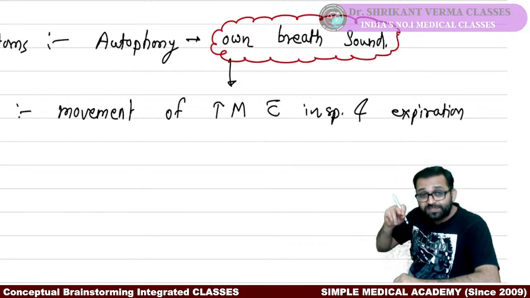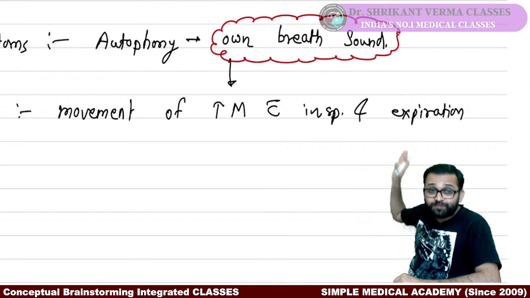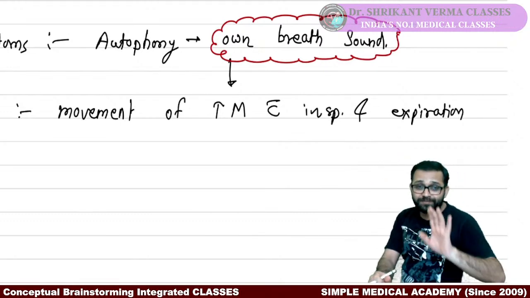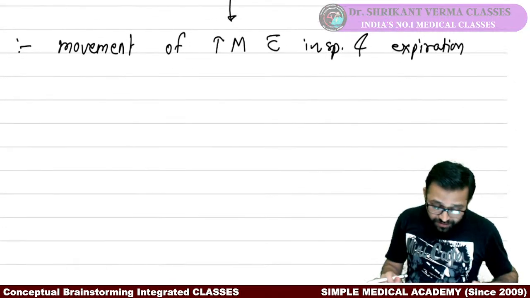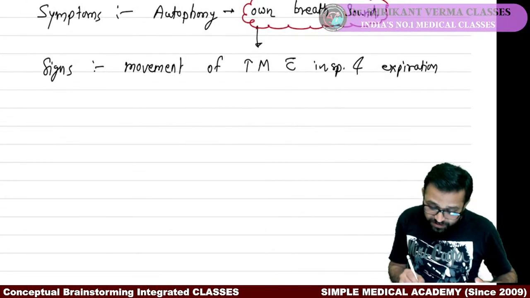So you will see the pressure changes directly going to the tympanic membrane. So with inspiration and expiration, there is movement of the tympanic membrane. Okay, now try to understand our further things.